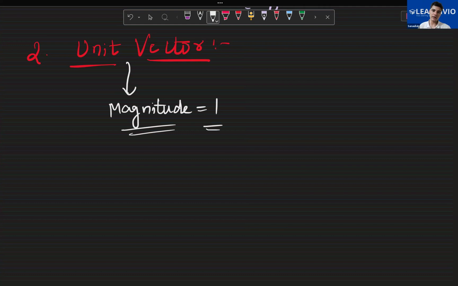All right. Let's say you have this vector. You know what is the formula of unit vector? The unit vector is a vector divided by its magnitude.